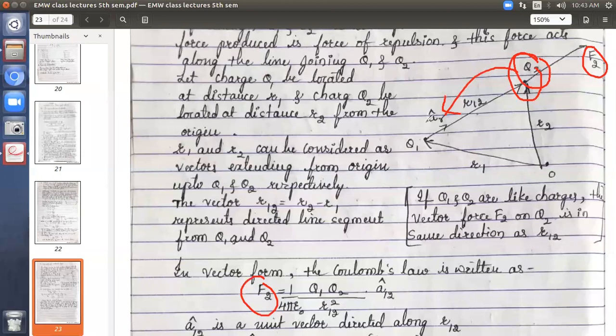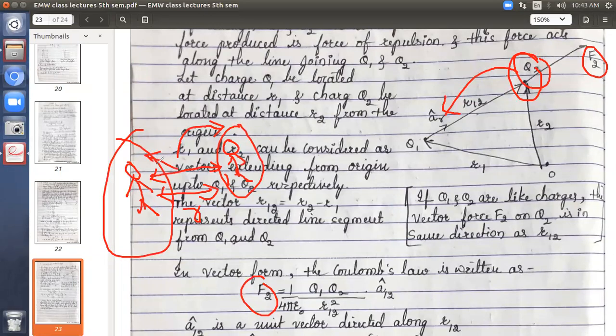Just assume that two of your friends, you and your friend, are standing at some distance r from each other. Imagine that two people are standing like this at some distance r. Then if a rope is in both of your hands, and you try to drag this rope, this person will try to take the rope on her side, and this person will try to drag the rope on her side.